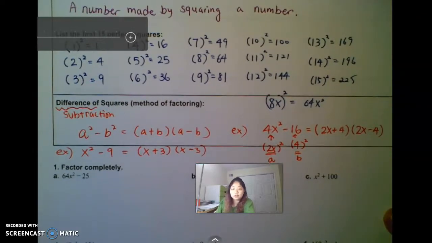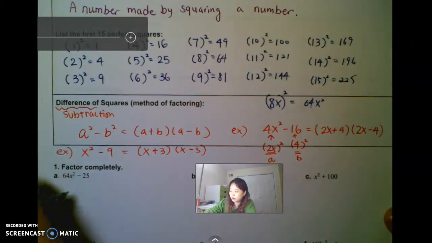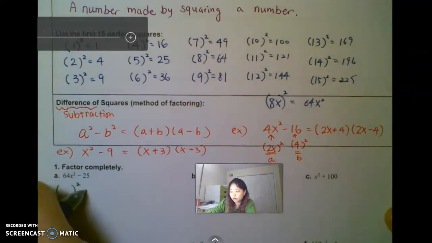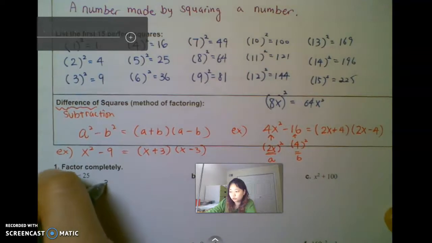All right, factor completely. That does not mean everything is something you can factor. Sometimes you might not be able to, and you have to recognize that too. So let's see, 64x squared minus 25. It would be easier if you try to find out what square gave you 64 and what square would be 25.